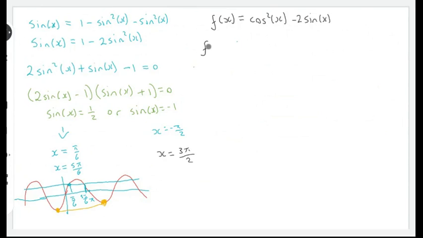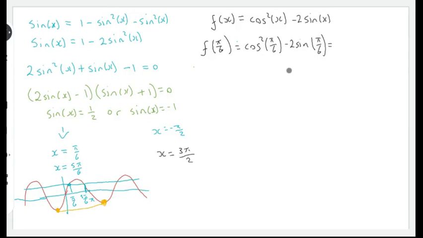So f of pi over 6, going from all my solutions, is equal to cos squared of pi over 6 minus 2 sine pi over 6, and I can put this in my calculator and it gives me something.